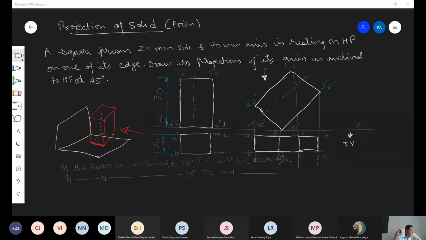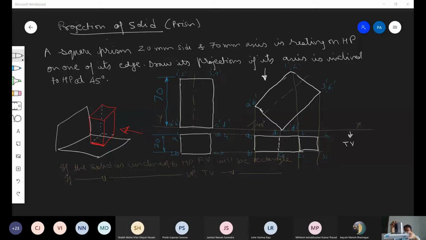Pay attention. If you see, this is HP, the horizontal plane. Is it resting like this, completely? No, it's not resting completely. It is resting on one of its edge.